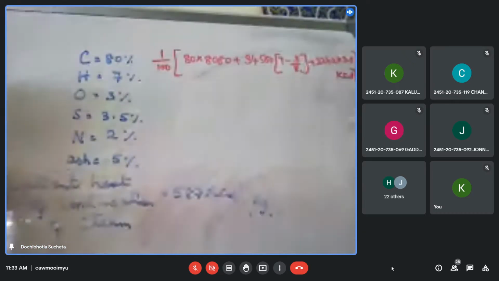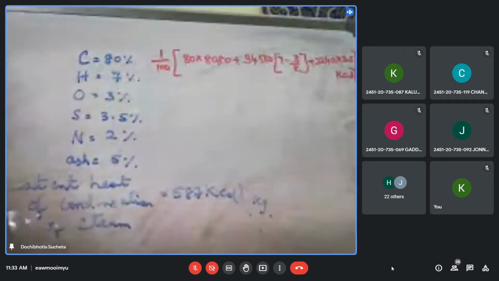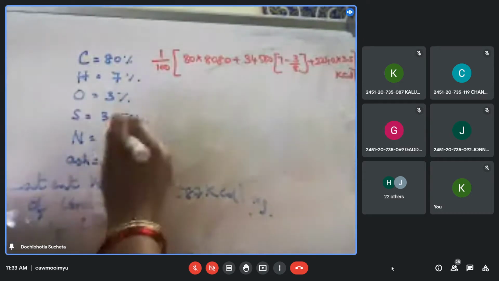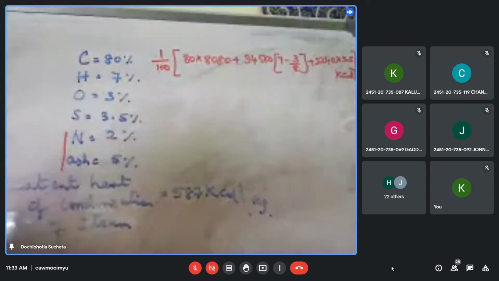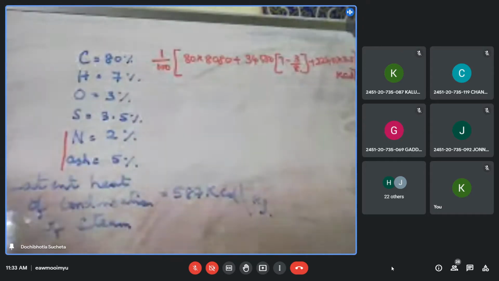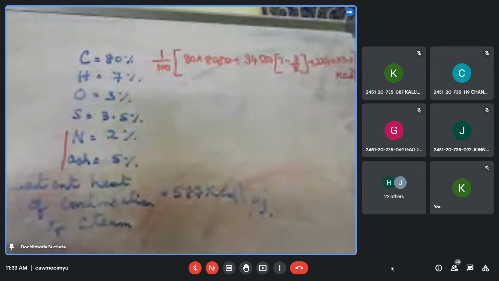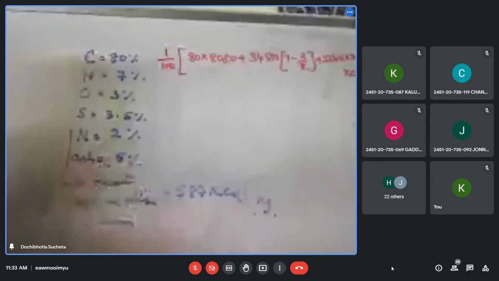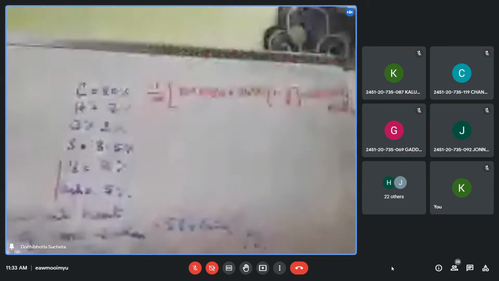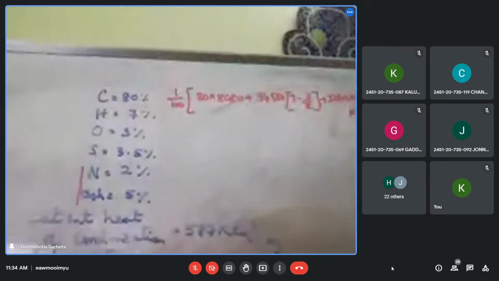I'm not considering the percentage of nitrogen and ash because they do not affect the calorific value. Ash is actually a content which is disagreeable for a fuel.